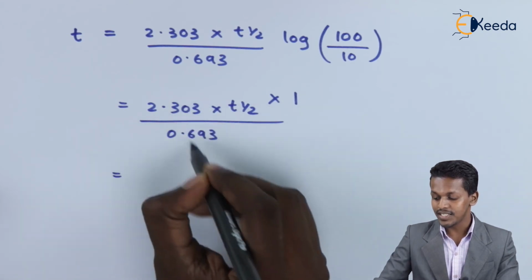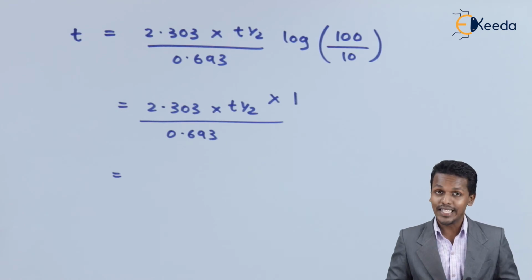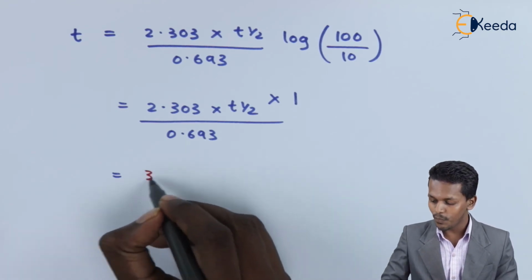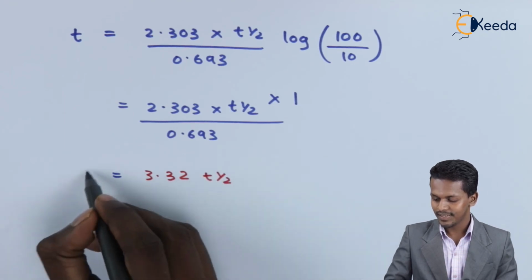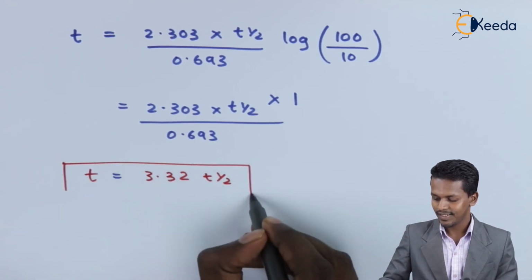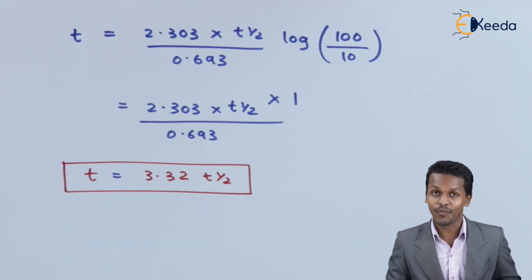Let me calculate this and see what value we get. Therefore we have the value 3.32 into T half, and that's it. This is the time we have got in terms of the half-life.